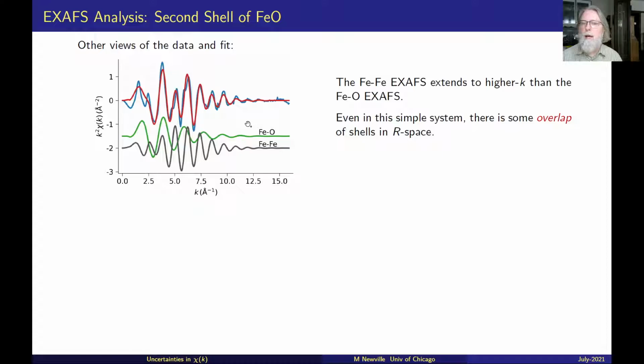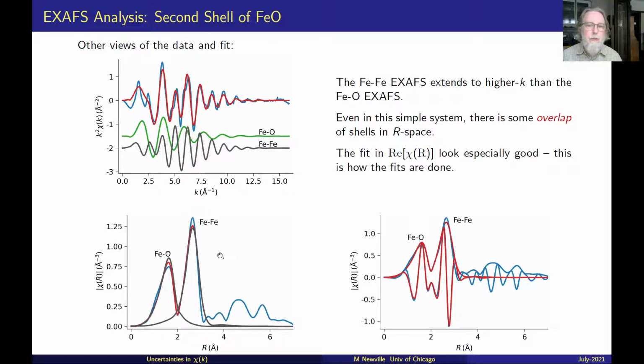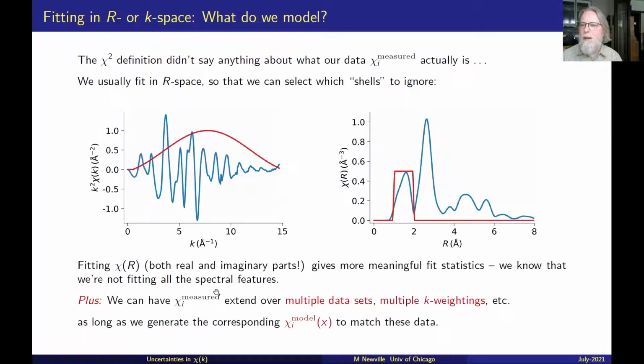There is some overlap. So if we plot those two paths together in R space, they're both now in sort of a grayish line, you can see that there's actually fairly considerable overlap between those. That iron-iron scattering really leaks down into the iron oxide shell portion of the spectrum, and the iron oxide also really decays strongly into the iron. So the fact that we put a little window function here was based on the observation that there's sort of a minimum value at 2 angstroms or so.